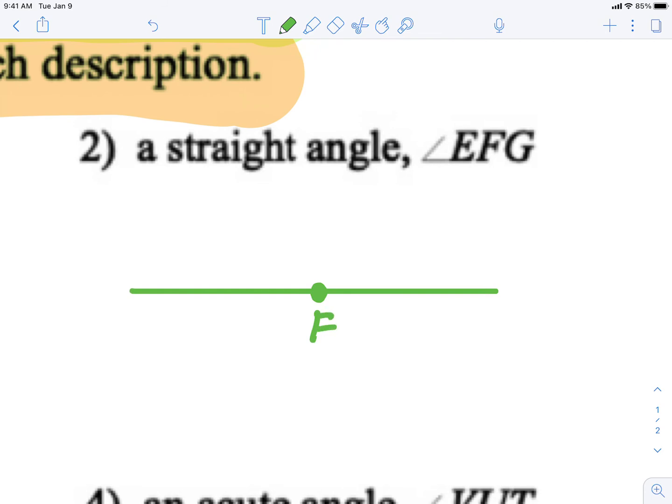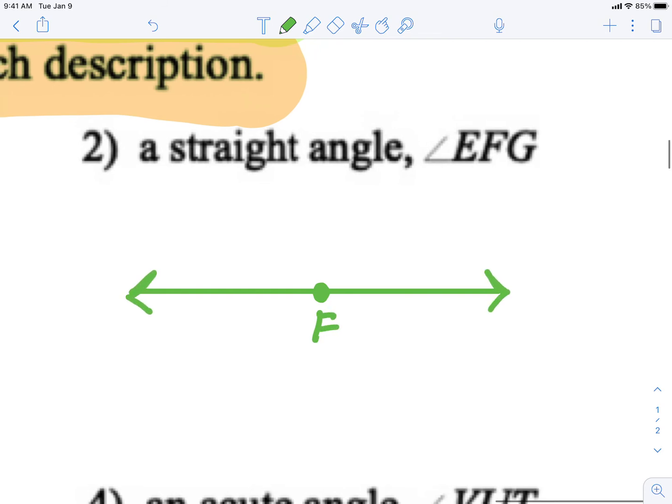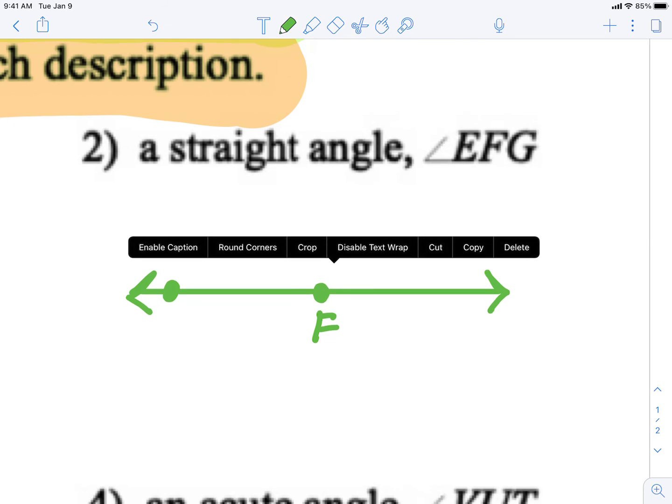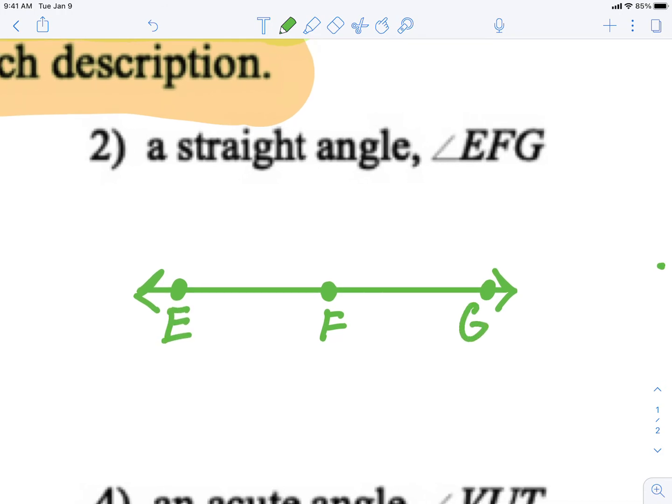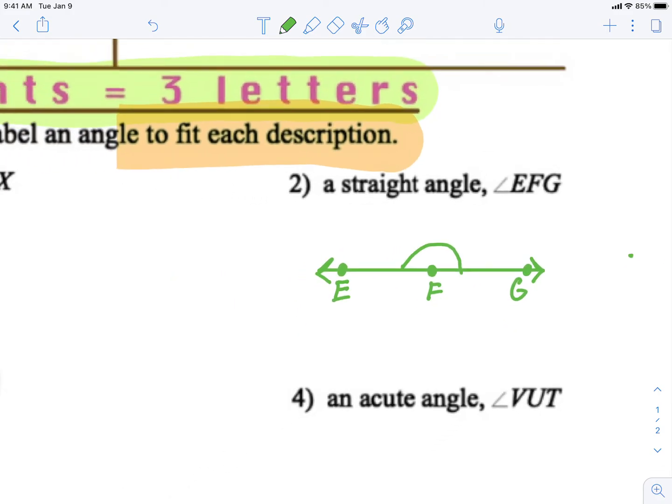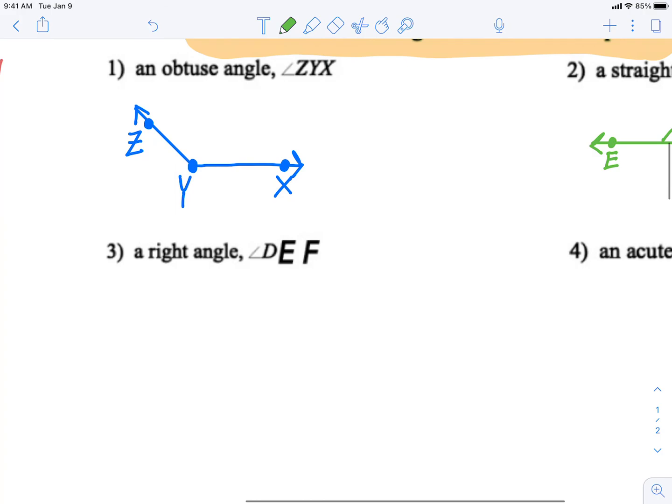And then I draw my arrows, and I have a point, point, E, F, G. And that is a straight angle EFG. Okay? Next.